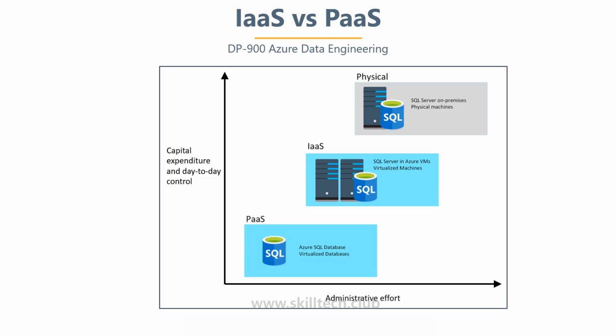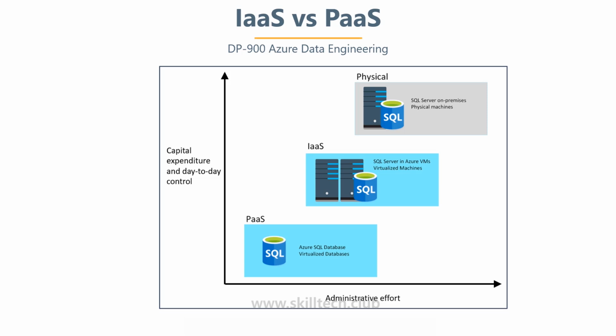But then we even have a better option, which is platform as a service. Platform as a service is not giving you any virtual machine or virtual network. It is just giving you a pre-configured, pre-provisioned Azure SQL database, which is a virtualized database version available on Microsoft Azure Cloud. You won't see any virtual machine, but if you want to take care of SQL Server firewall security or IP address configurations for client access, all those configurations are provided in this platform as a service.